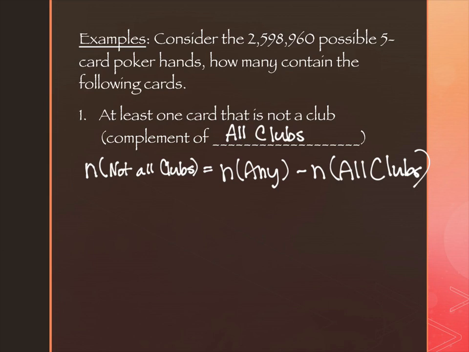Now this one happens to tell us the original value at the beginning. It tells us that there are a total of 2,598,960 5-card poker hands, which we found back in section 10.3 anyway, right? So that's the number of ways of getting anything to happen, 2,598,960.